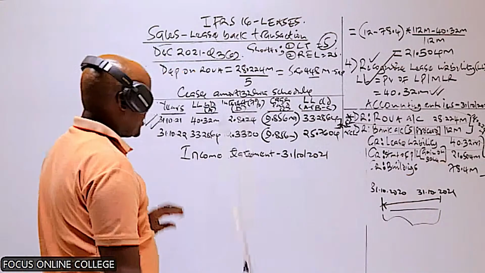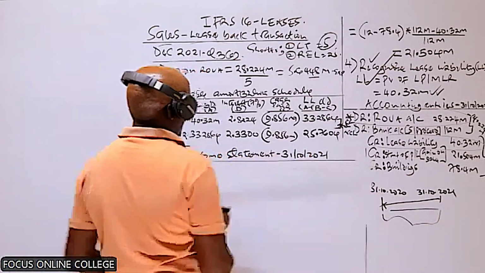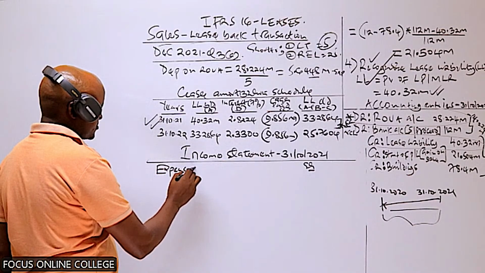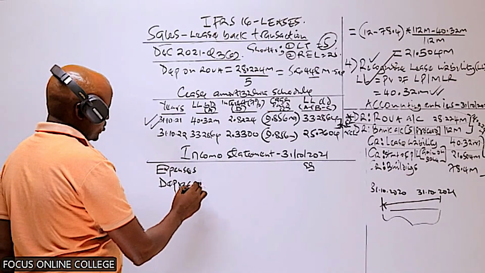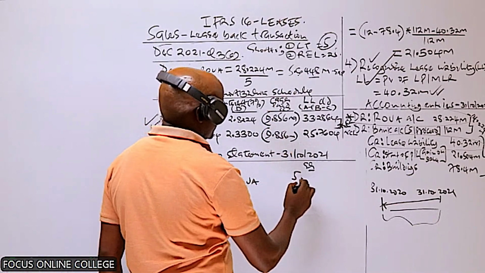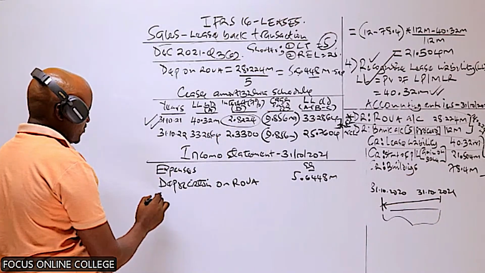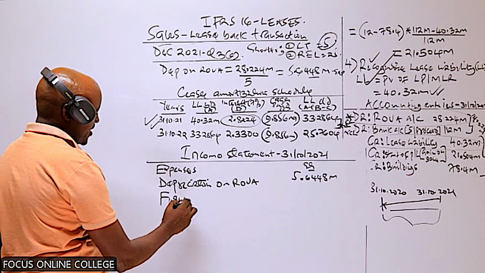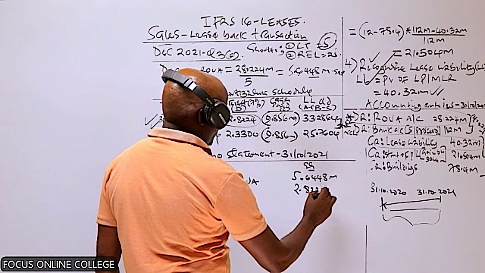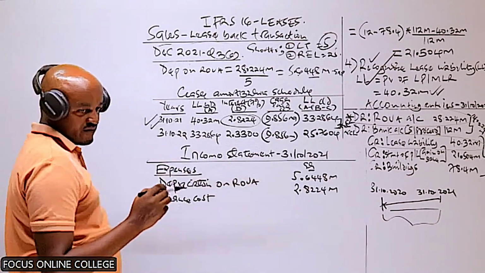In the income statement, there were 2 items of expenses to be recognized: the depreciation on the right of use asset, which you have computed as 5.6448 million, and this interest, which should be recognized as part of the finance costs, an amount of 2.8224 million.